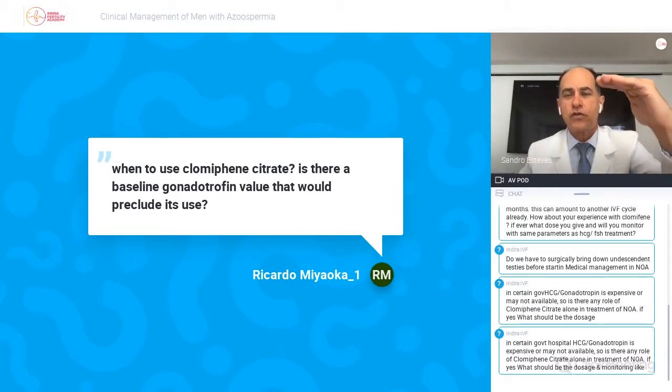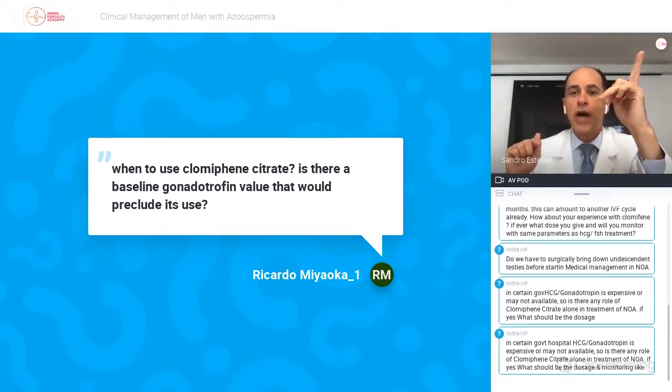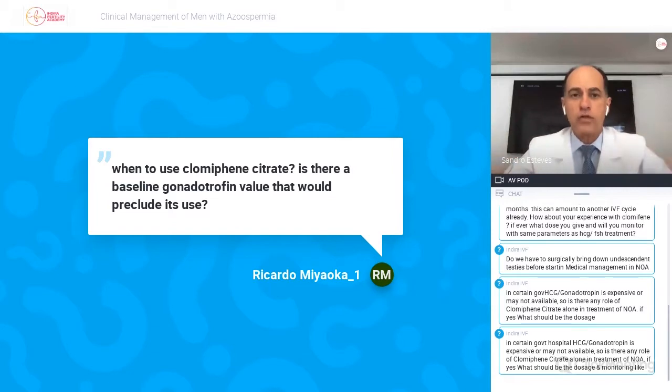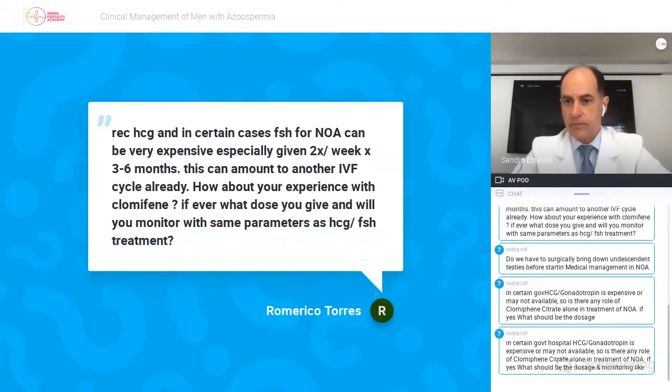So when I give HCG and start increasing testosterone levels, the negative feedback in the pituitary will reduce the FSH serum levels. This is excellent, because then you are resetting the system, and at the Sertoli cell level, the FSH receptors will start to pop up again, and this is a good thing to promote spermatogenesis.